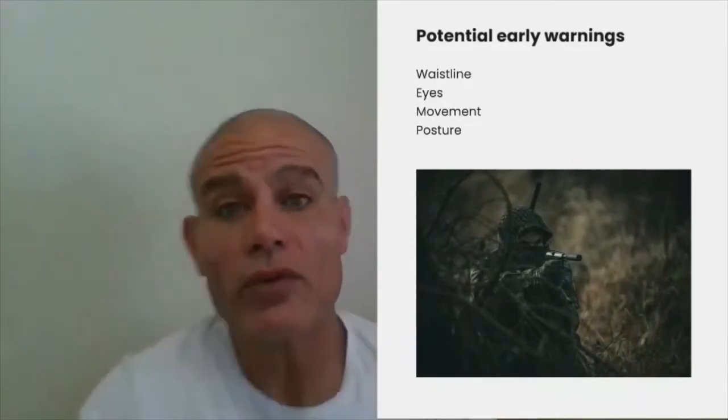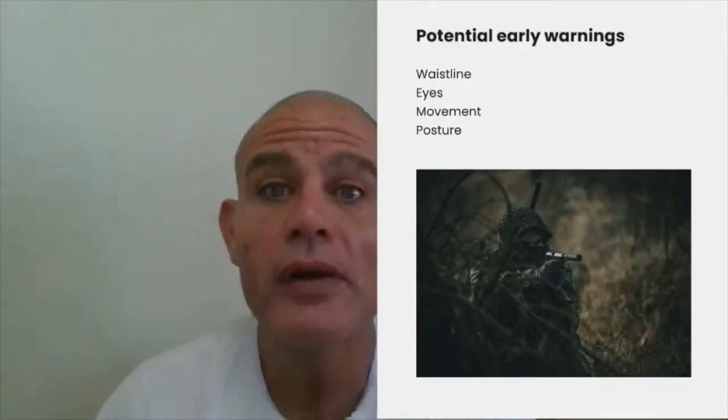So the first part is actually the waistline. The waistline is where you carry all your weapons. The waistline is where you will conceal your firearm, conceal a knife, and hide other tools that can cause harm. So checking a person's waistline, their belt line, is a very important factor in understanding whether or not they could be an imminent threat.